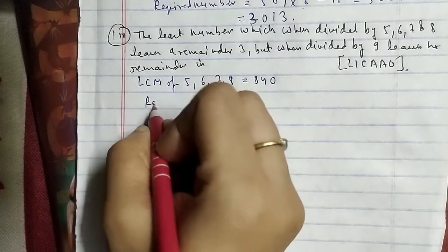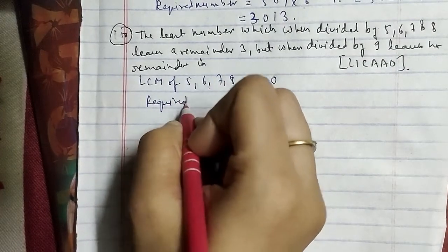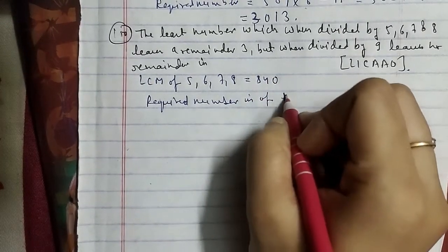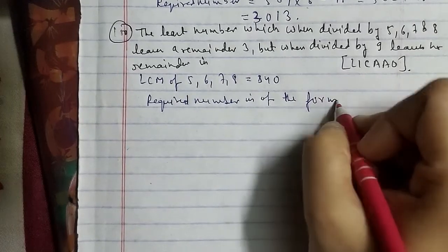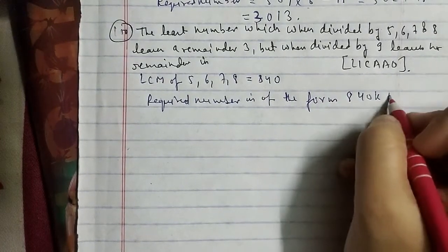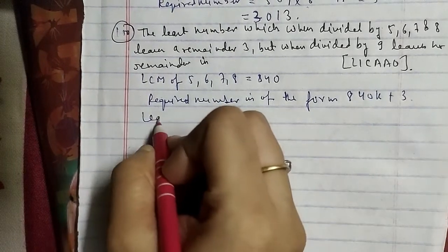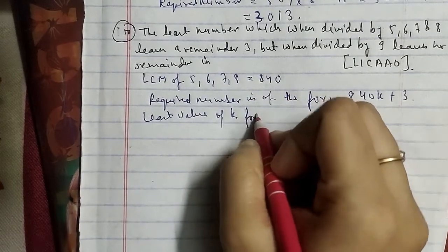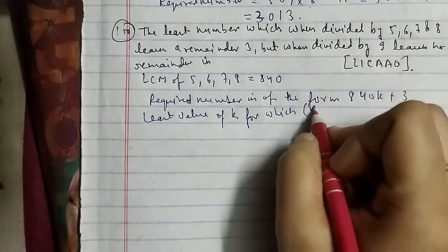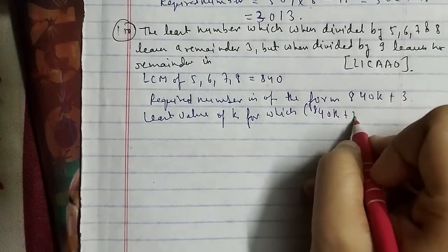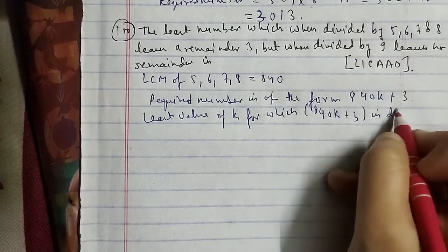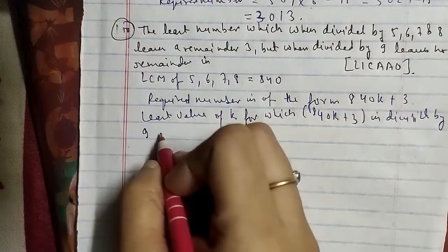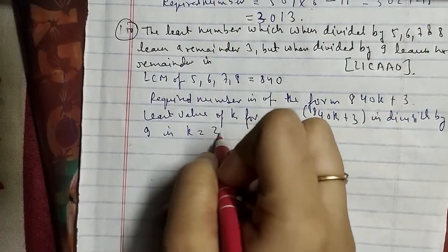So the required number is of the form 840k plus 3. The least value of k for which 840k plus 3 is divisible by 9 is k equals 2.